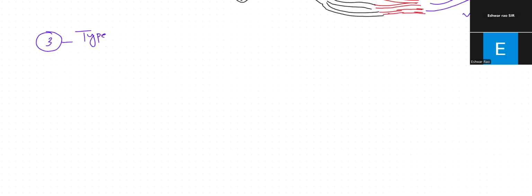Gut in the sense digestive system. So, first here we'll see about incomplete gut.